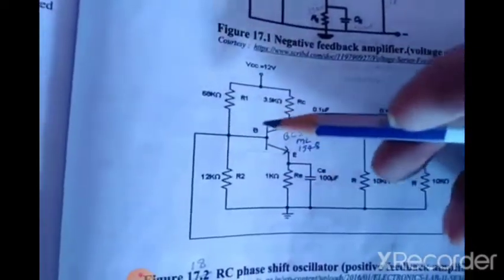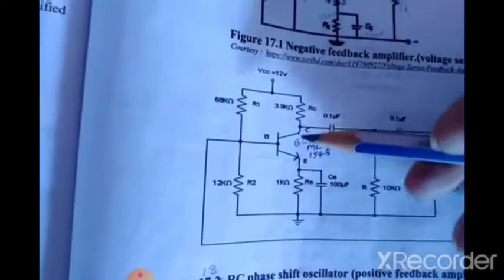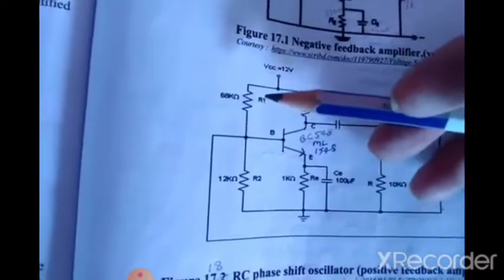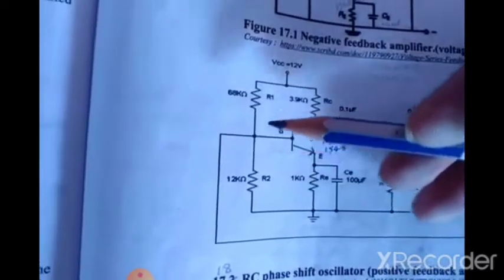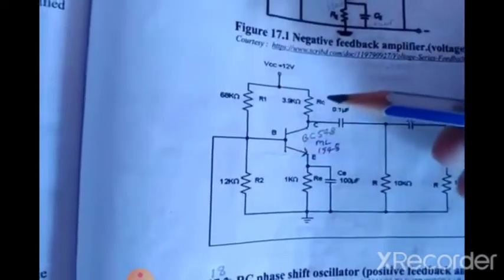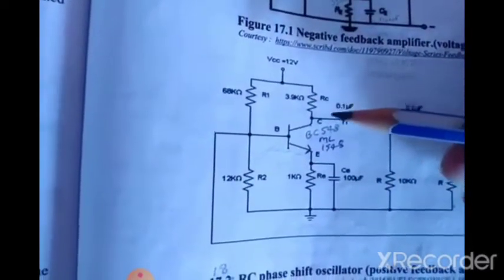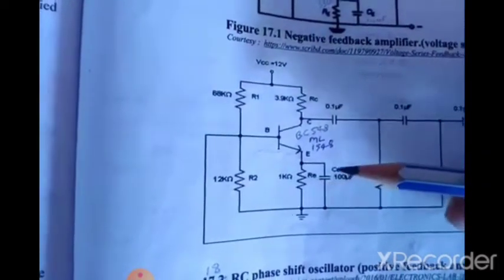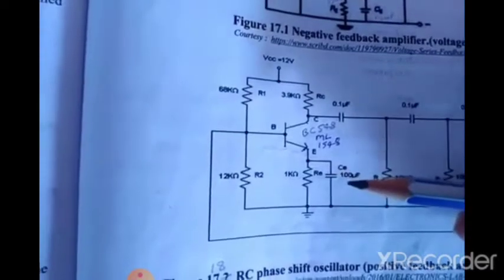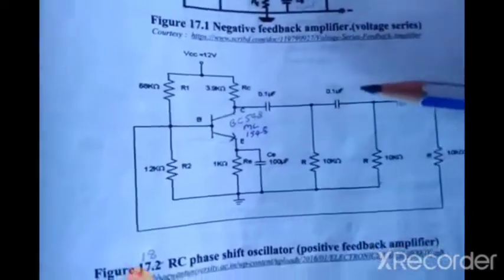Then R1 and R2, which are used as a voltage divider for biasing purpose. R1 is 68 kilo ohm and R2 is 12 kilo ohm. RC resistor is 3.9 kilo ohm. Then RE resistor is 1 kilo ohm and the bypass capacitor CE is 100 microfarad.